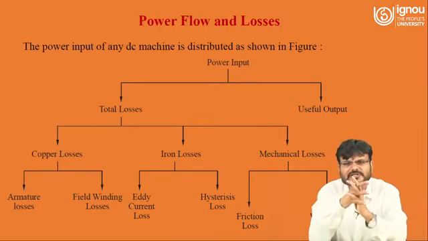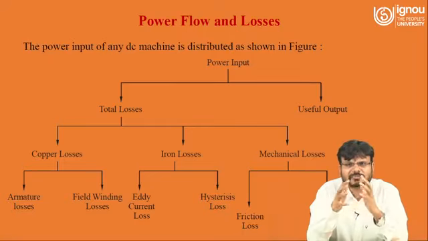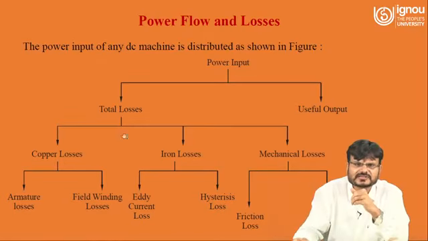Now we have to understand the power flow and the losses, how the power flows in the DC motor. So power input is equal to what? Output plus losses. And these losses can be classified as copper losses, iron losses, and mechanical losses.